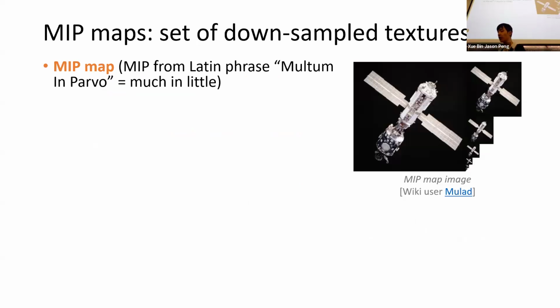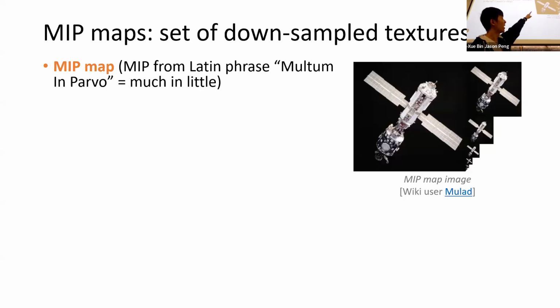So one particular data structure that we can use to pre-compute these textures is what's called a MIPMAP. So the idea for MIPMAP is that we can take our original texture and then we can compute smaller and smaller versions of the texture by averaging multiple pixels in the original texture into smaller textures. So here, let's say we take our original texture, we can construct a texture that's a quarter of the size by averaging 4 texels together into a single texel.